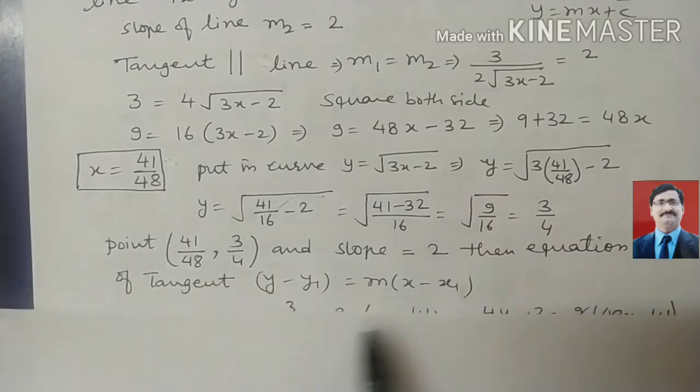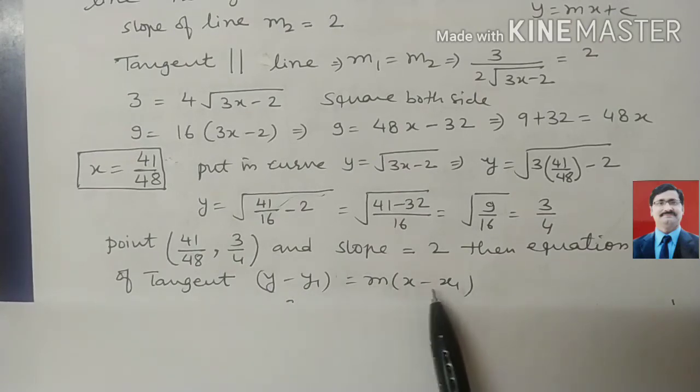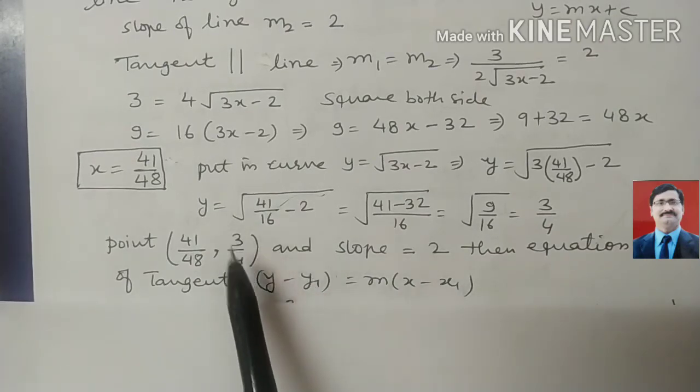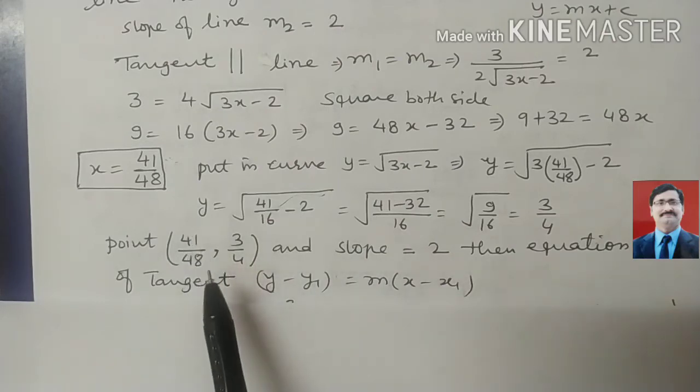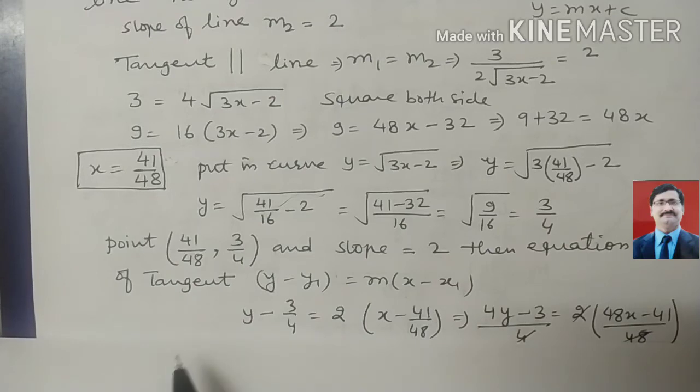Then the equation of the tangent, we already know the formula, y minus y1 equal to m (x minus x1). For y1 we put 3 by 4, for x1 we put 41 by 48, and for m we put 2. So we get the equation y minus 3 by 4 equal to 2 (x minus 41 by 48). Now we take the LCM on both sides.